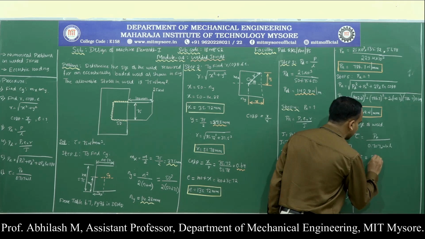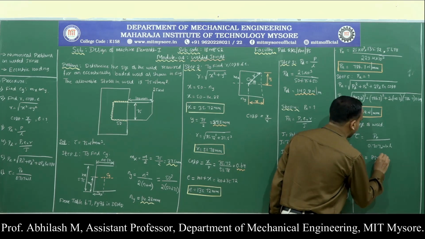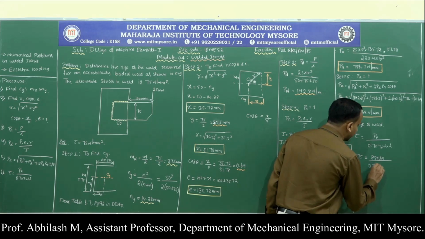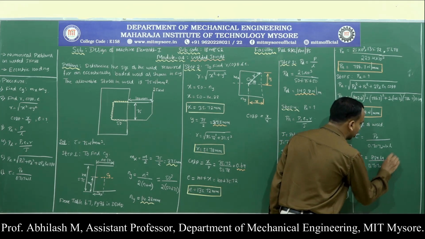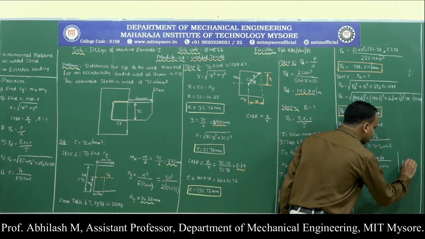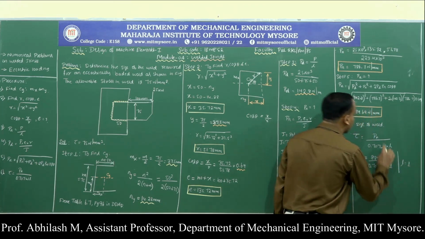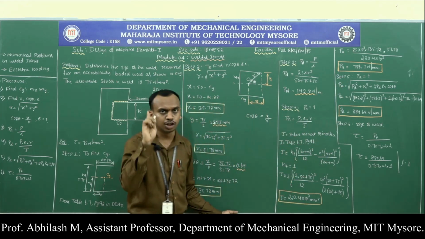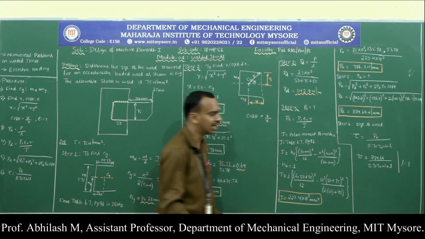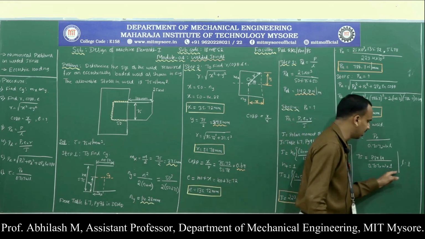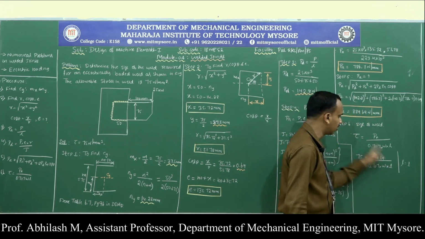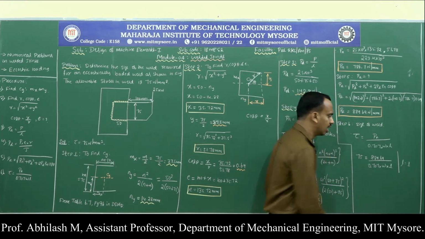The load is 889.69 Newton per millimeter into 0.707. W is unknown. Here L is equal to 1 because all the relations of Pn, Pd, Pr are per unit length. Hence the value of L will be equal to 1. So after substituting, we know all the values except the size of the weld.